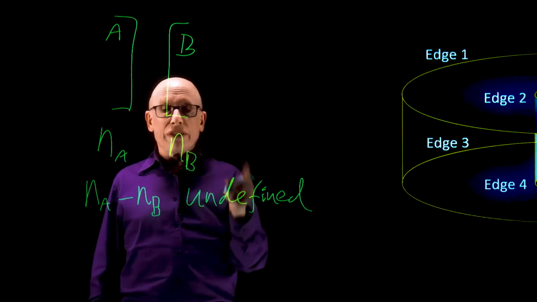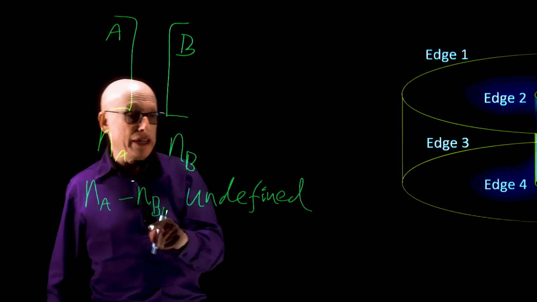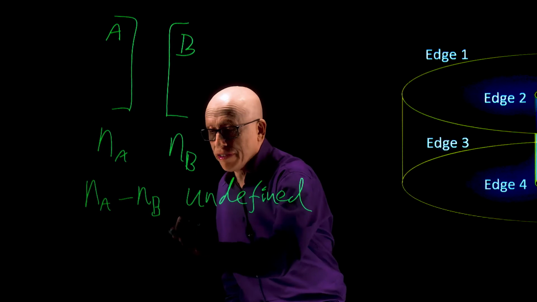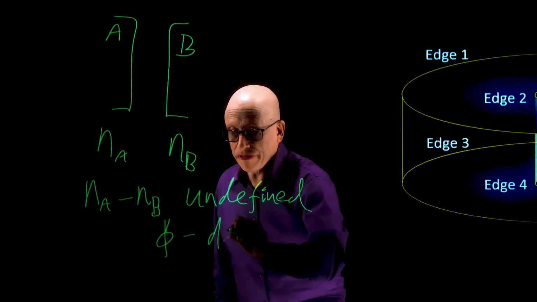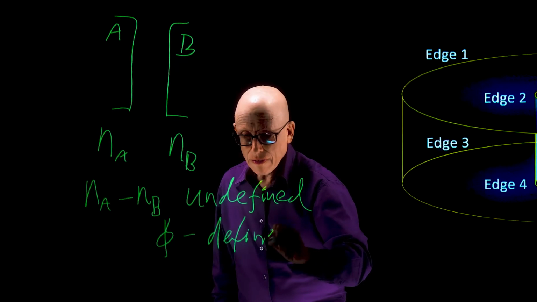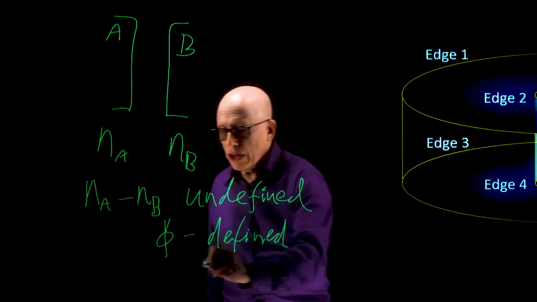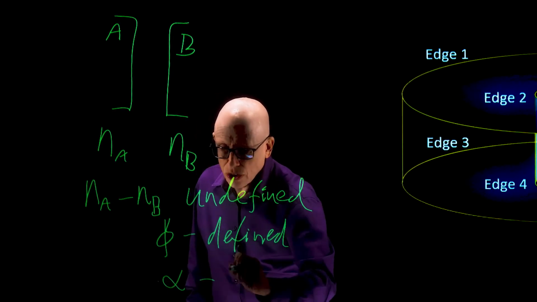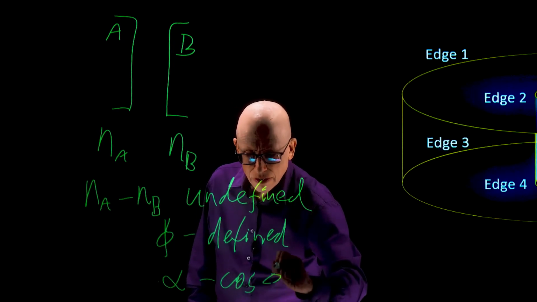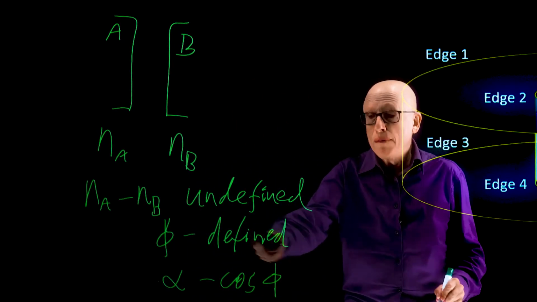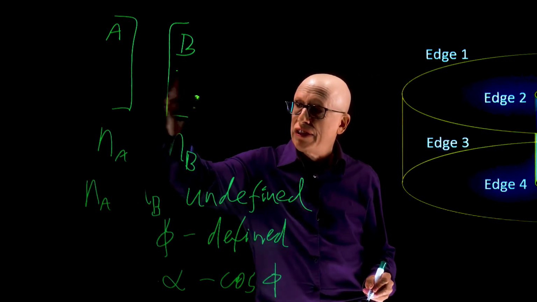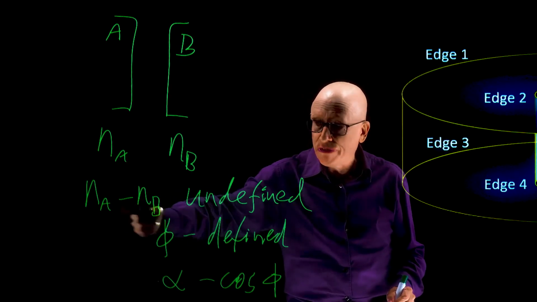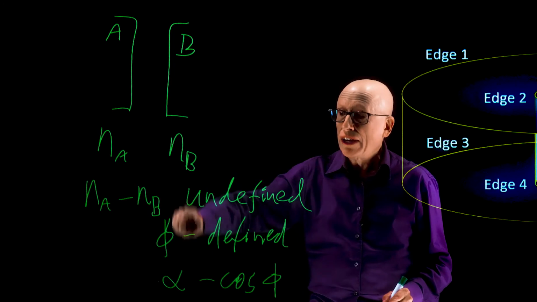And in fact, the quantity that is well defined is the conjugate to this variable, to Na minus Nb, and this is the phase difference, phi. And we know that the energy of a Josephson junction is proportional to minus cosine phi, and has a minimum at some value of the phase difference between the two superconductors, where the difference between the number of Cooper pairs fluctuates wildly.